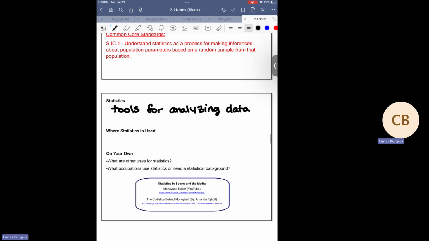For instance, if we're talking about RBI and what we would expect to see from a batter who has a lower RBI versus a higher RBI, or if we were looking at free throw percentage, what we would expect to see from a basketball player with a lower or higher free throw percentage. Things of that nature.